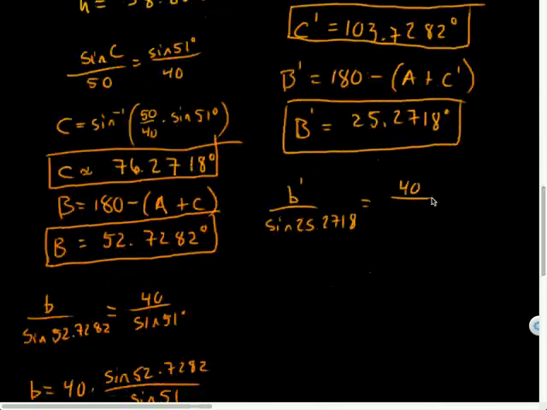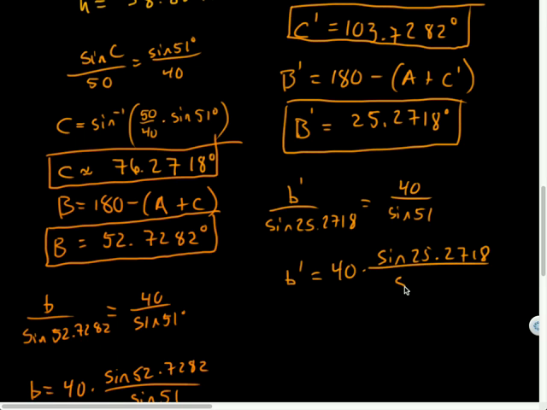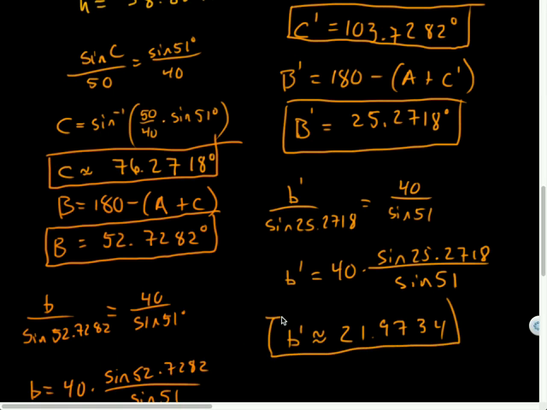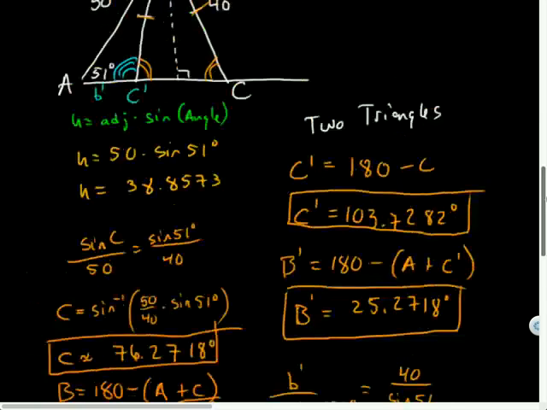So 40 over sine of 51, and I get b prime is equal to 40 times sine of 25.2718 over sine of 51. And I get 21.9734.